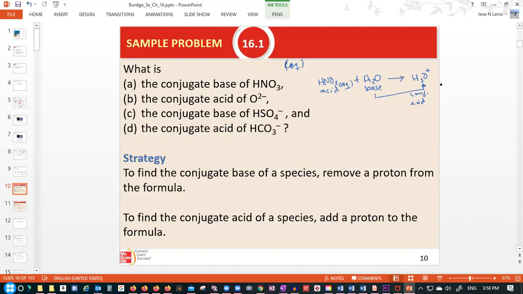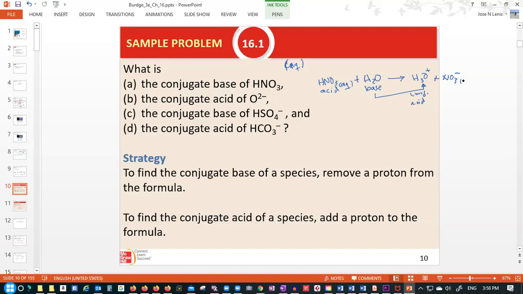It's going to form the conjugate base, which is what? If this loses one proton, because it gave it to the base, we have NO3 minus. Remember, the hydrogen goes naked, only the proton, and leaves behind its electron, and that's why NO3 gains one negative charge.